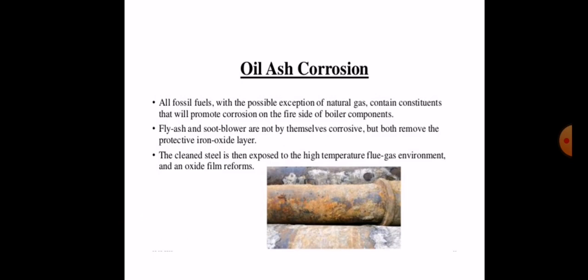So over here what happened: all fossil fuels, with the possible exception of natural gas, contain constituents that will promote corrosion on the fire side of boiler components. Fly ash and soot blowers are not by themselves corrosive, but both remove the protective iron oxide layer.